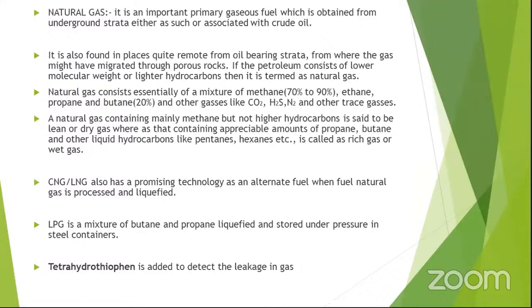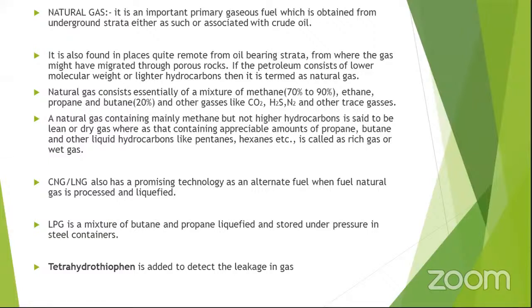So natural gas is also a very important gaseous fuel which is obtained from the understrata. Natural gas consists essentially of a mixture of methane, ethane, propane, and butane, and other gases like CO2, hydrogen sulfide, and nitrogen, and other trace gases. But basically it contains alkanes, that is ethane, propane, and butane.